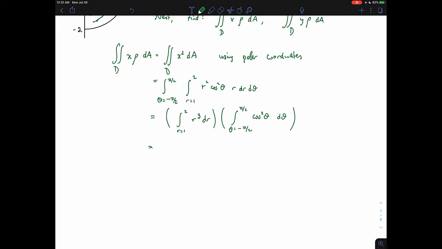The first integral is no problem, 1/4 r to the 4th from r equals 1 to 2. For the second integral, we can use a trigonometric identity. The cosine squared theta is 1 plus cosine 2 theta over 2. And then when we look for an antiderivative of that, for the cosine 2 theta, we can use the u substitution.